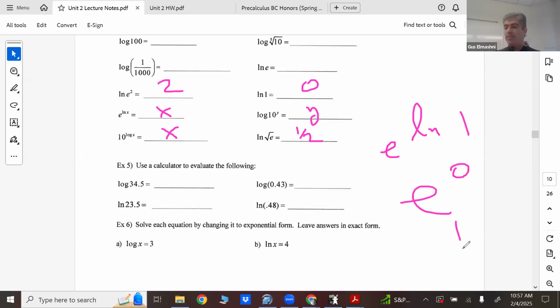What's e to the 0? 1. Or these undo each other, leaving me with this. Does that make sense? That helps understand why that would be the final answer, right? Because natural log of 1 is 0, e to the 0 is 1. So whenever you see this, where the bases are the same for both the power and the log, there's an undoing, and you just get whatever is right there.